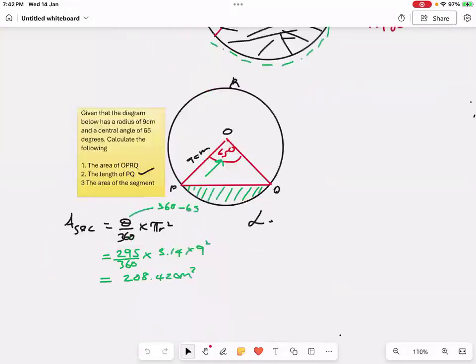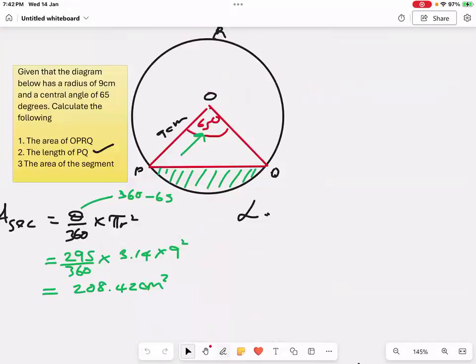All right, so we're back. Hopefully. So L arc, or length of arc, is equal to theta divided by 360, and this time we're going to multiply it by 2 pi r.